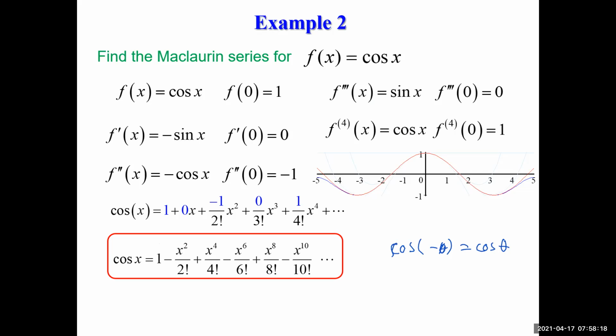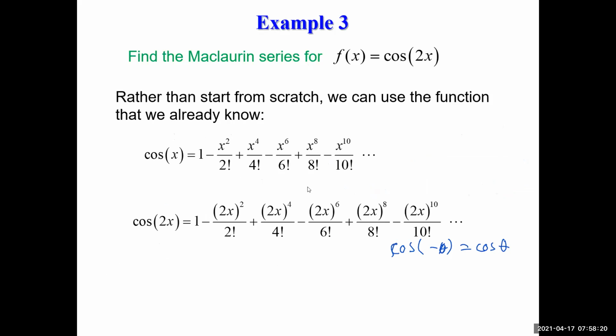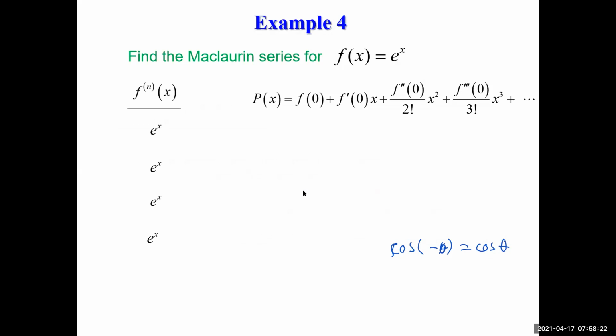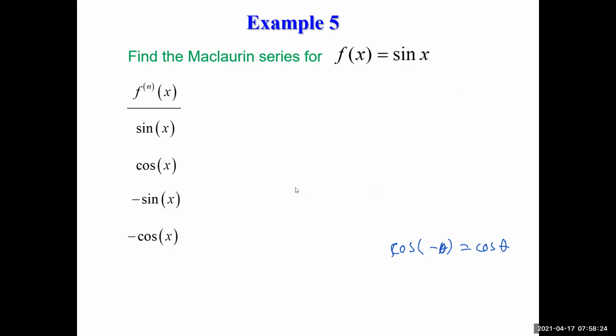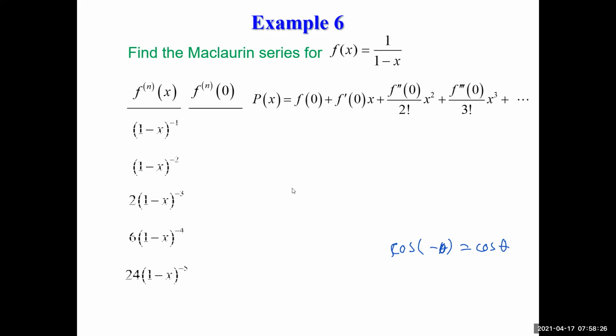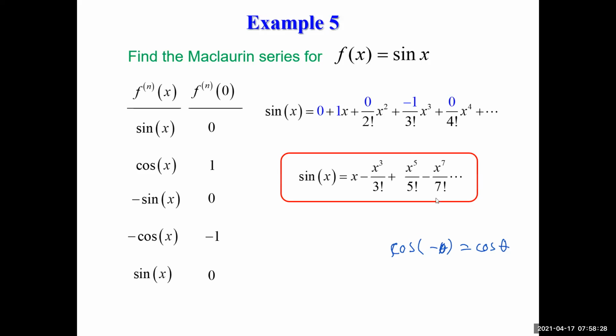Plug in, that's what you get. And same thing for the odd function here in example 5, the sine function. We have the identity that sine of negative theta is the same as negative sine theta. Again, you can check that.